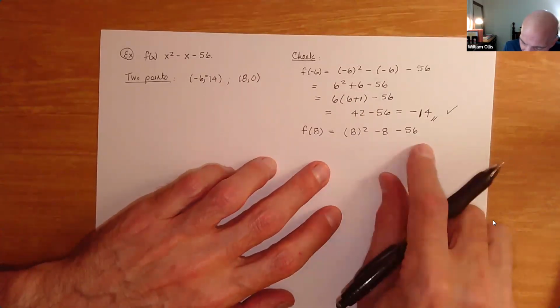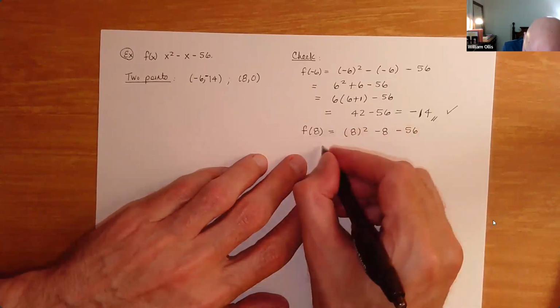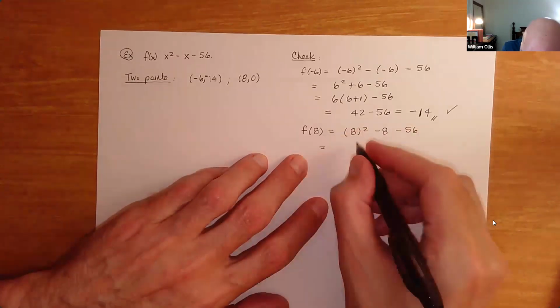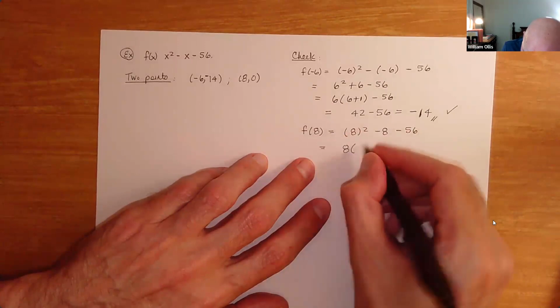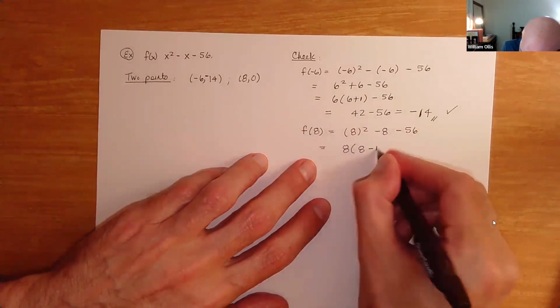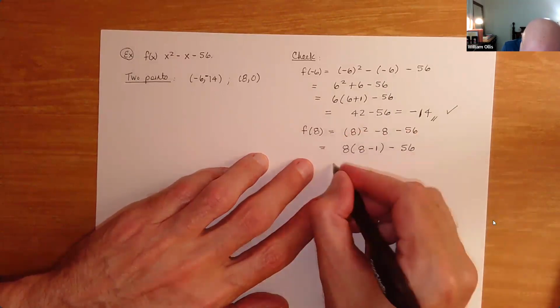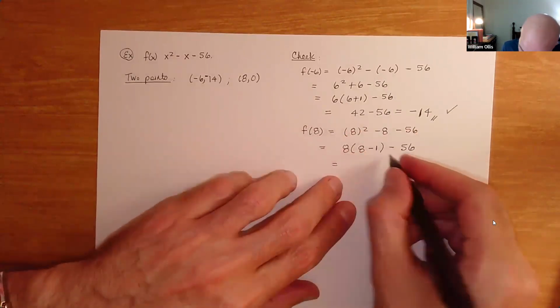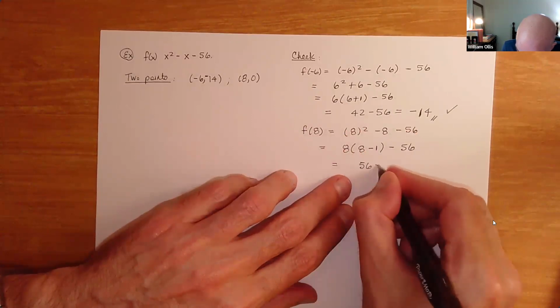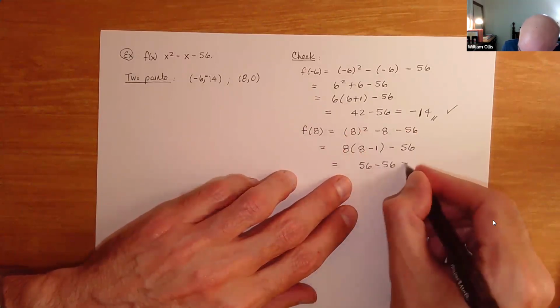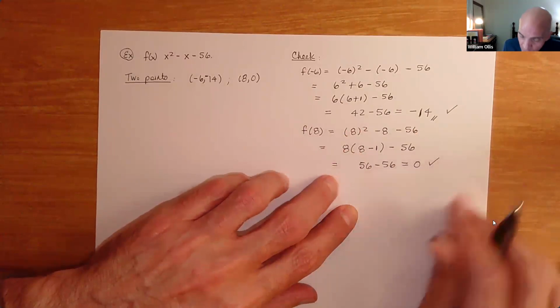We can combine them in many different ways. So in this case, we could say we have an 8 times an 8 minus a 1, minus a 56. And of course, this is an 8 times a 7, which is a 56 minus 56, which gives us 0. So these check.